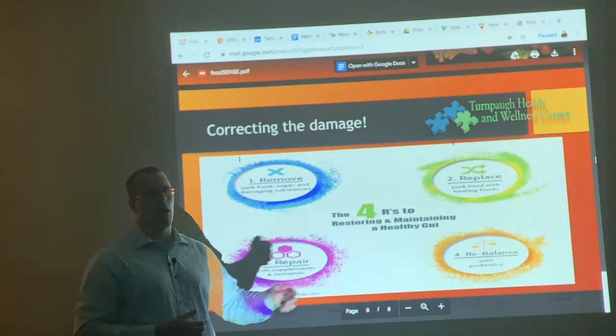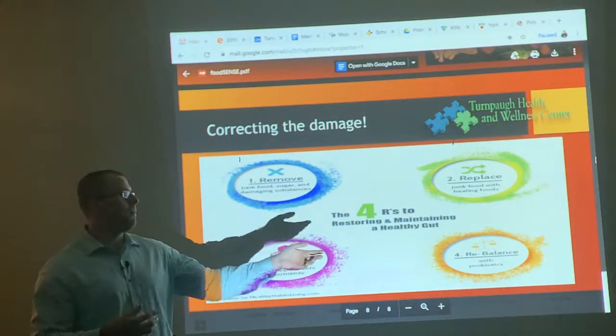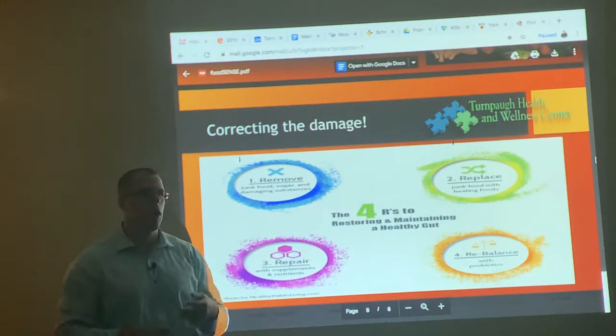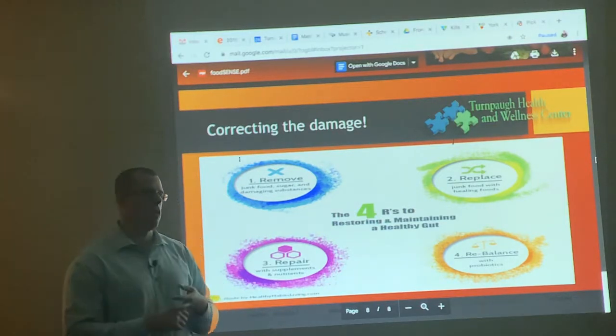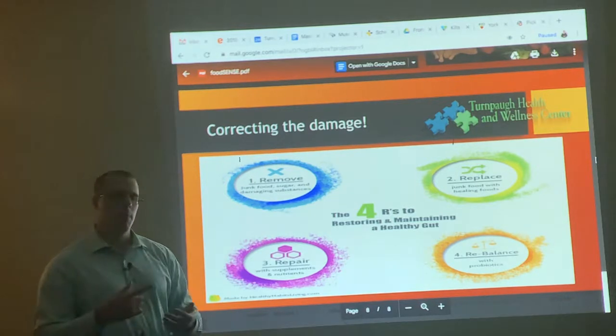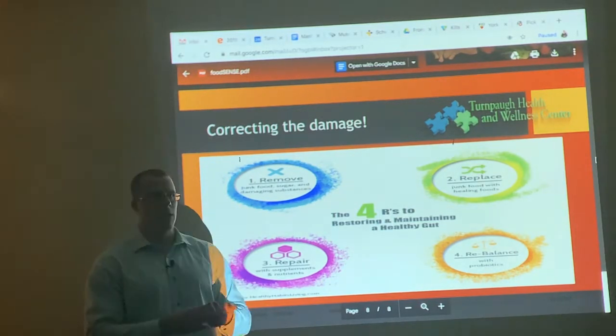And then we can also increase healthy bacteria by what we eat. We add good probiotic foods, whether it be kombucha, whether it be sauerkraut. If you're daring enough to go into the Asian fermented foods, you can do miso, you can do kimchi, you can do natto.